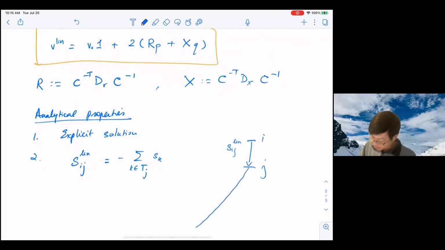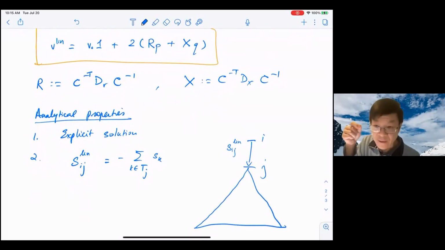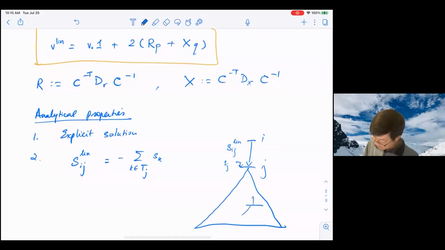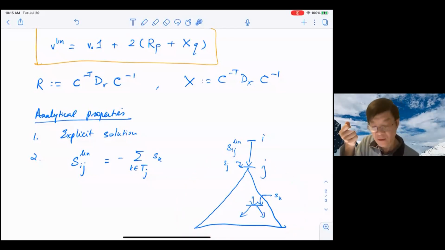Then you look at the tree rooted at node j, including j, and look at the injections, right? So every bus here has an injection. You sum up all the injections in the subtree rooted at j, minus the impedance term, right?